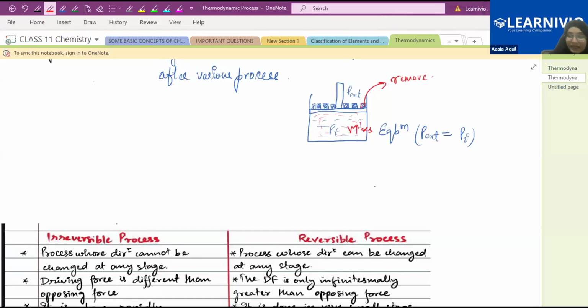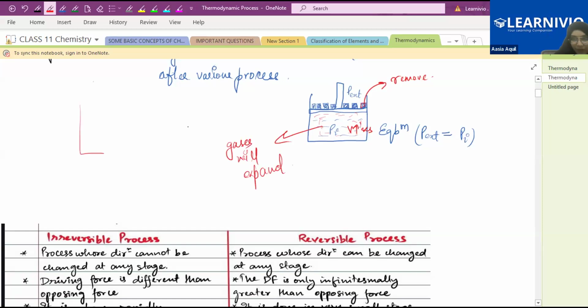When you remove one weight, the volume of gases will increase because the gases will expand. And at that position, P internal also reduces.